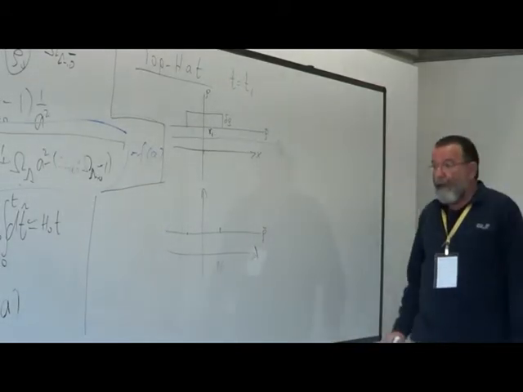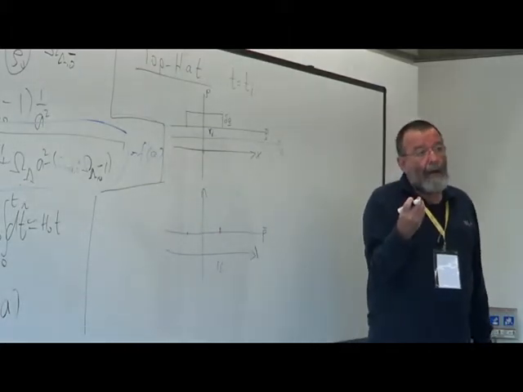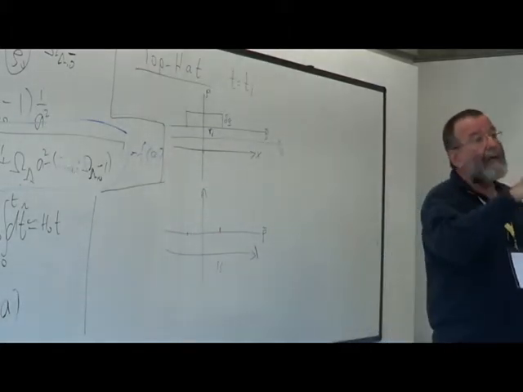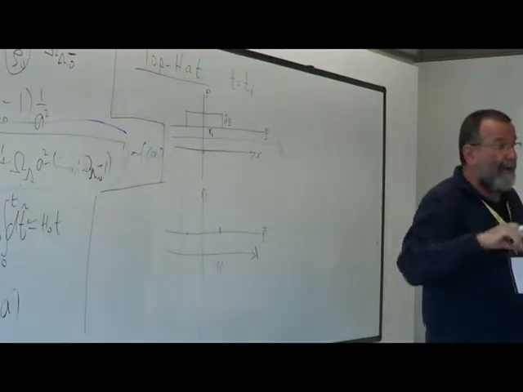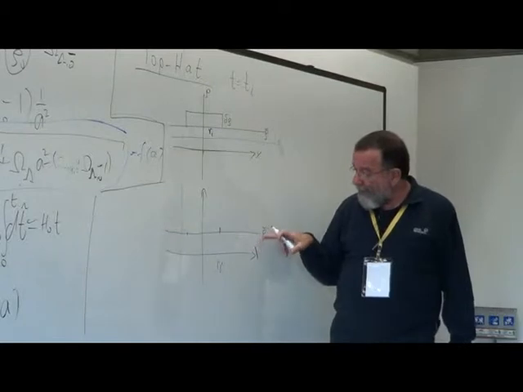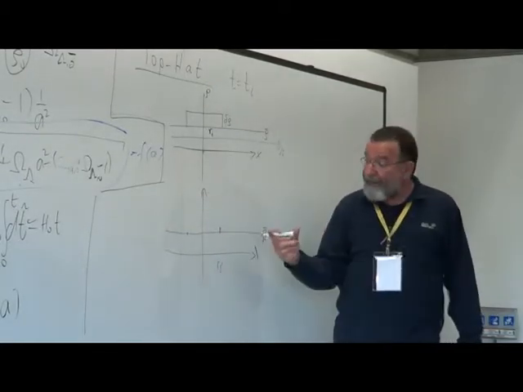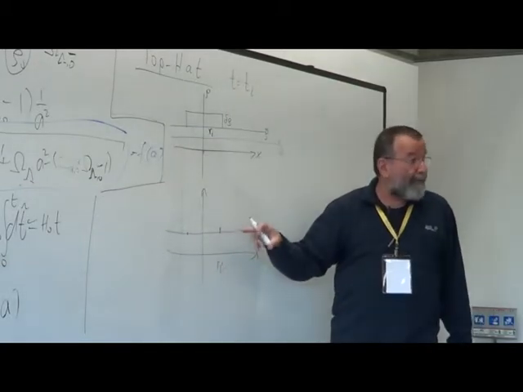Now the Einstein-de Sitter case is this marginal case between a closed and open universe. So the total energy of this universe is 0, and as such it will expand forever.